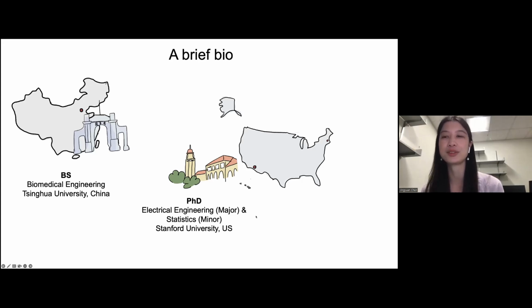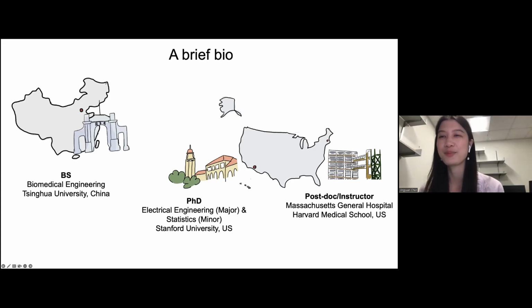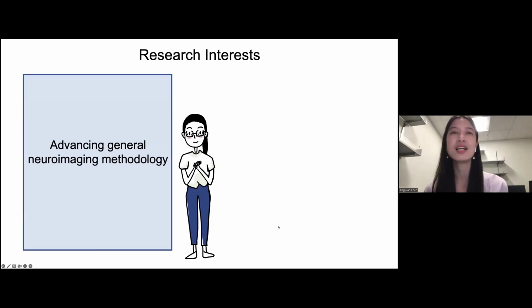Later, I moved to Boston for postdoc training in high-field functional magnetic resonance imaging and also multimodal fusion. I'm currently an instructor at the Martinos Center and will start my own lab as an assistant professor in the coming months. So my research generally can be summarized by two themes.